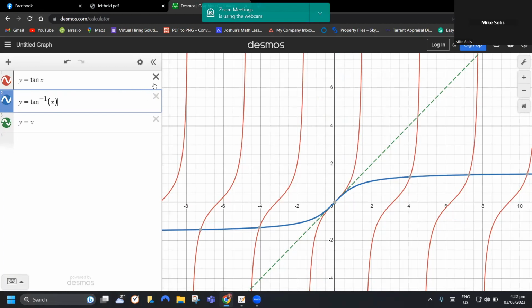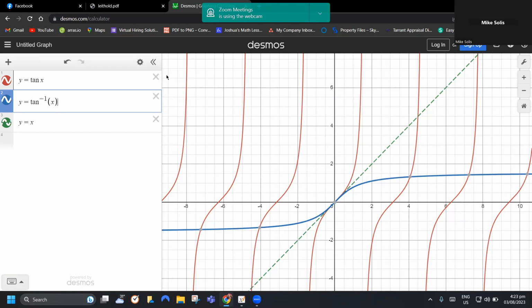Ngayon, ang problema natin sa tangent, wala siyang matinong inverse. Kasi, hindi siya invertible, kailangan mo i-restrict yung domain. Para magkaroon ng inverse, kailangan yung x sa y equals tangent x, i-restrict mo between negative pi over 2 and pi over 2.